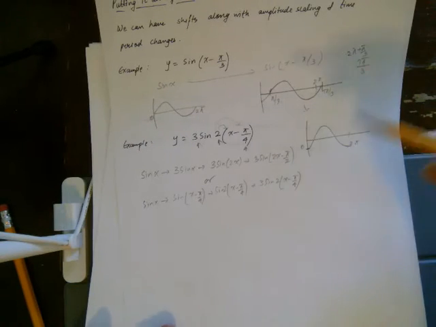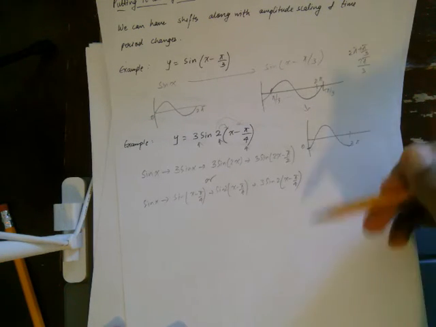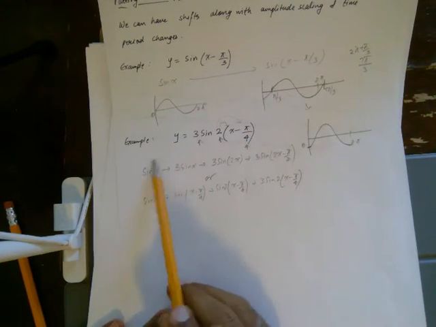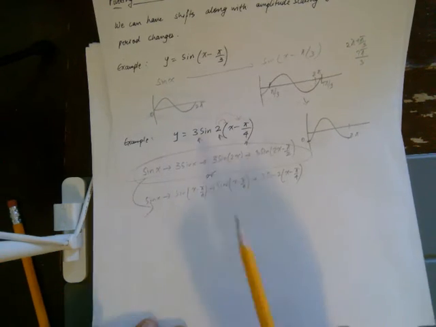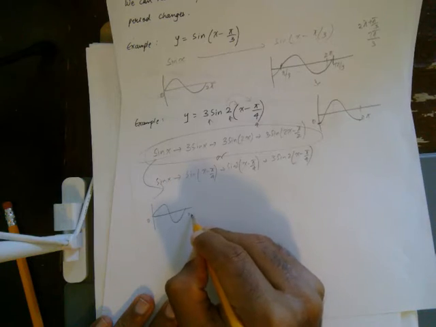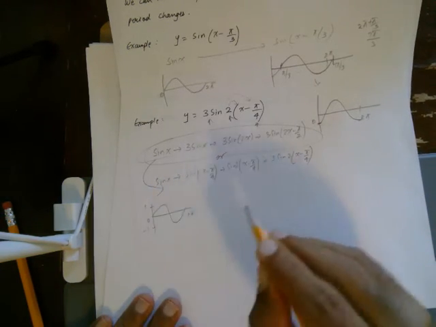Now these transformations are independent of order, so you can go in any order as long as you're doing one transformation at a time and you're doing it correctly. I'm going to use this. So I start with sine 0, 2 pi, 1, -1.